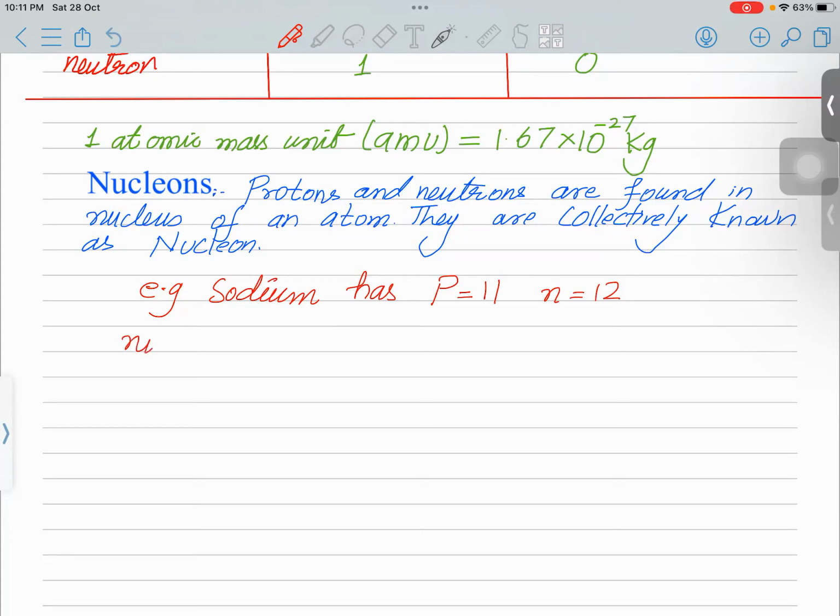So the nucleon number of sodium is 11 + 12, which is 23. So the nucleon number of sodium is 23.